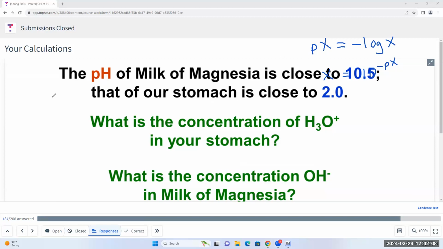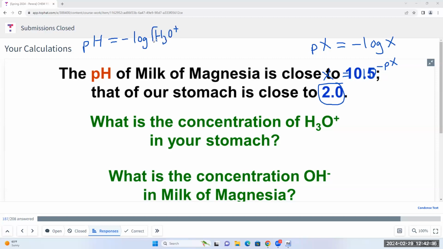Okay. So the first question is you're given the pHs of a solution of milk of magnesia and your stomach. All right. So let's leave the stomach first. Okay. So you have the pH to be 2.0. Therefore, we know pH is negative log H3O plus concentration.